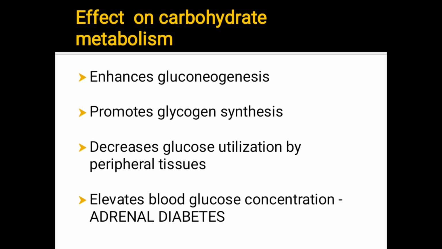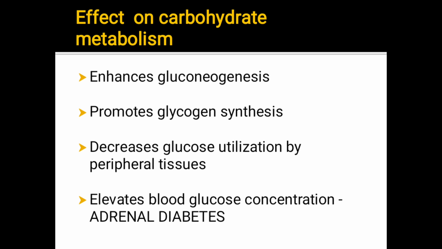And third, it increases the lipolysis and gives more glycerol to the liver for gluconeogenesis. So gluconeogenesis is enhanced by three mechanisms. One, it increases the enzymes of gluconeogenesis. Second, it gives amino acids to the liver by proteolysis. And third, by increasing lipolysis, it gives more glycerol to the liver for gluconeogenesis.